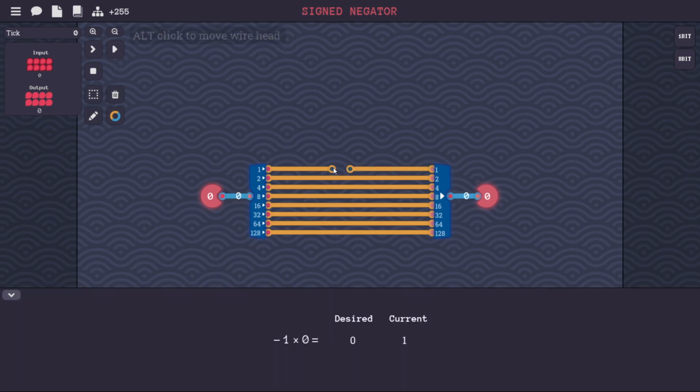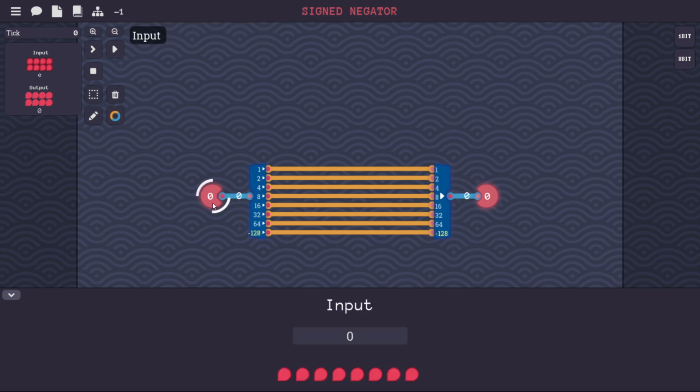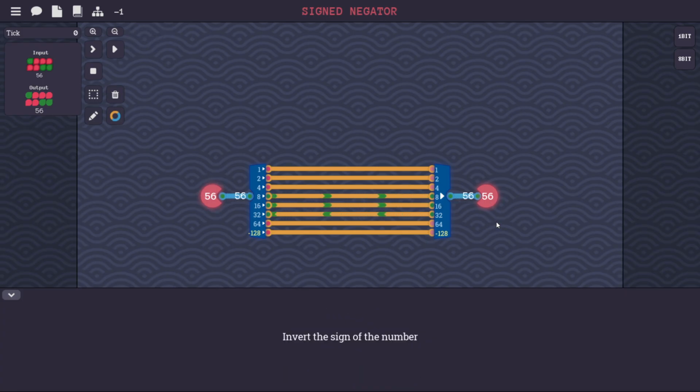So to represent 56, we should get a negative 56, ideally. And how do we do that?